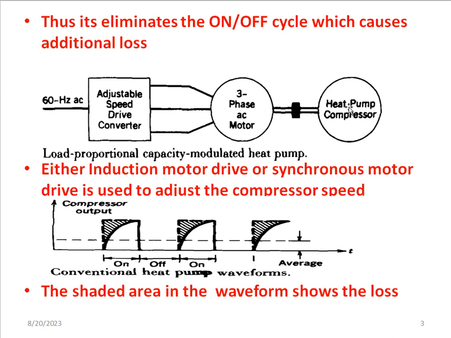From this diagram, you can see that we have a free space here, which means the system is off, and we have this waveform, which means the system is on. Even where the system is on is divided into two.